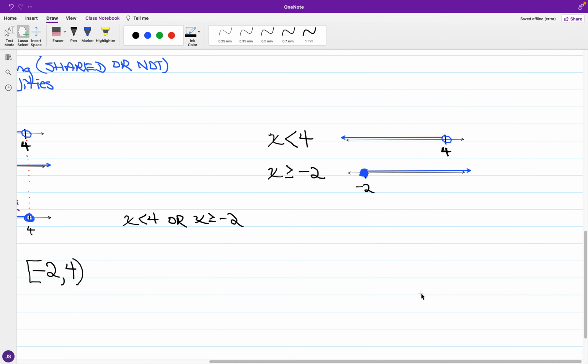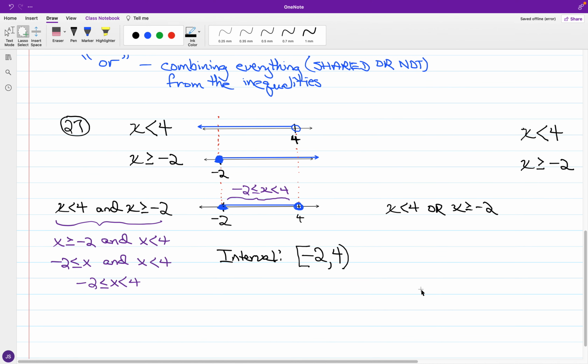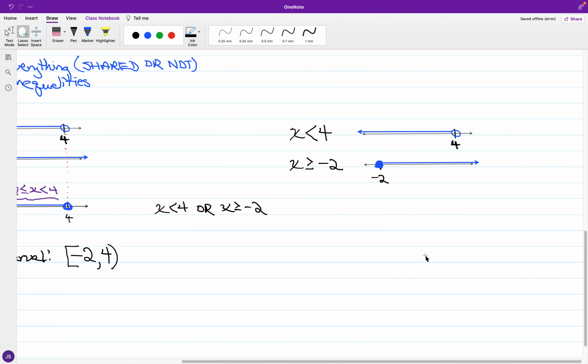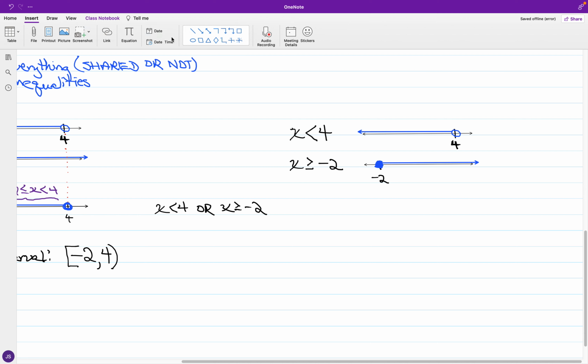And so for what we have here, again, or you're looking at combining everything from the inequalities, regardless of the values that are shared or not.